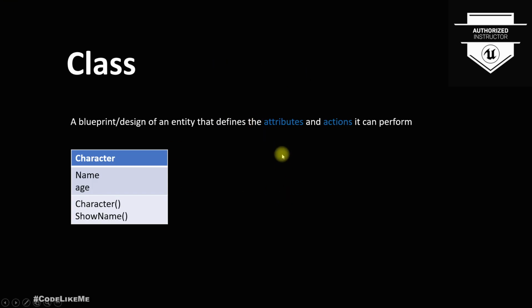But in computer programming, attributes usually mean variables and actions usually mean functions or methods, because actions can perform stuff, do stuff. That's what functions and methods do, and attributes are just characteristics or variables.